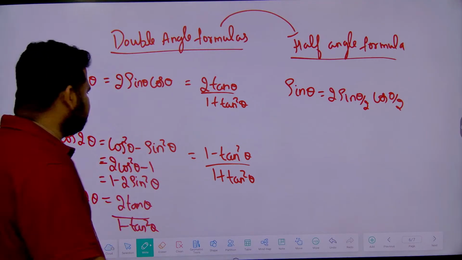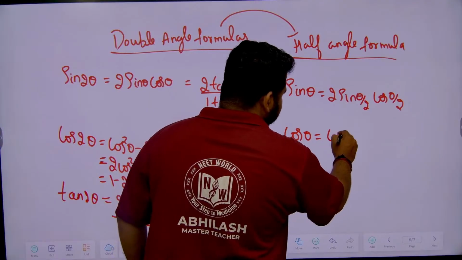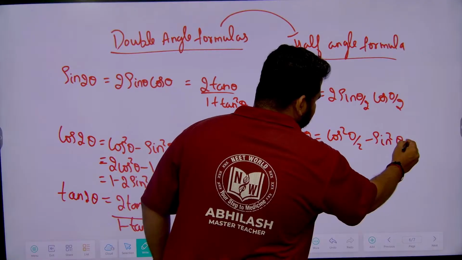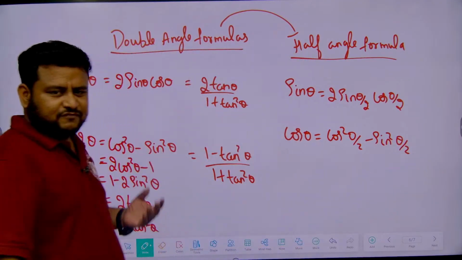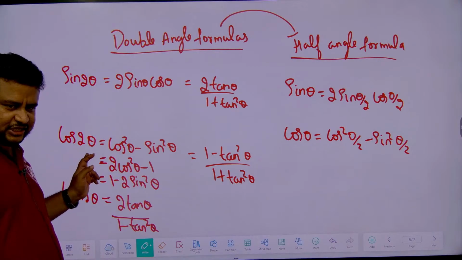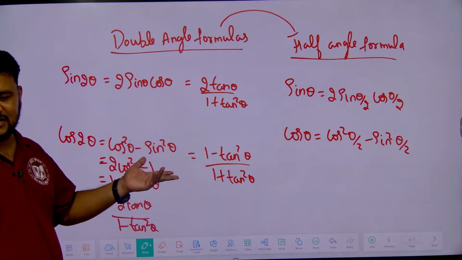Similarly, cos theta can be written as cos square theta by 2 minus sin square theta by 2. Same formulas, wherever theta is there you write theta by 2, that's all. Here 2 theta means you write only theta, and where theta is there you write theta by 2. That is the half angle formula.